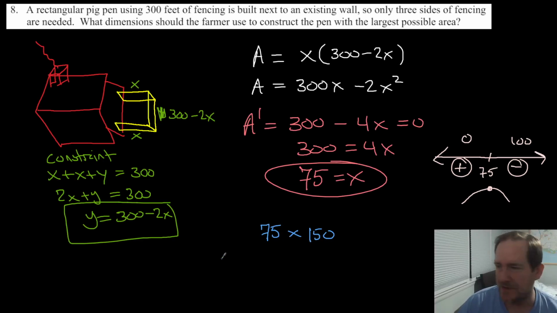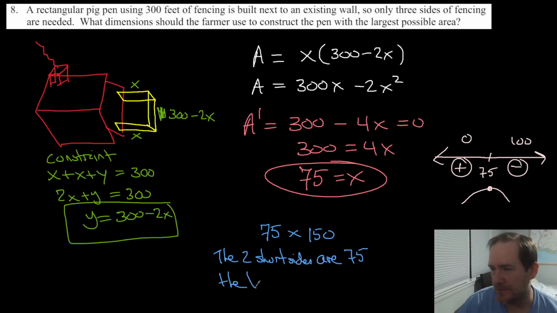I think on the answer key I actually wrote out: the two short sides are 75, the longer side is 150. Just something that makes it clear that the three walls should be 75, 75, and 150, rather than 150, 150, and 75.